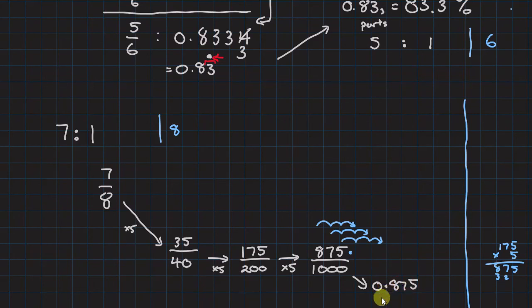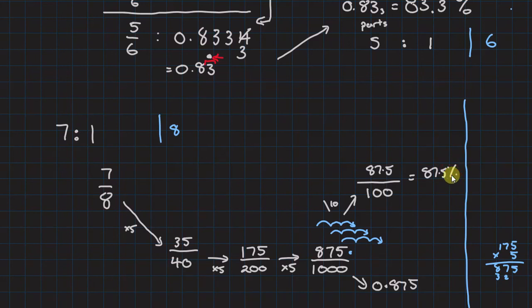So I've got a decimal value of 0.875. That also allows me, if I convert it into a number over 100, to divide everything by 10. It gives me 87.5, and this, when it's over 100, gives me my percentage value.